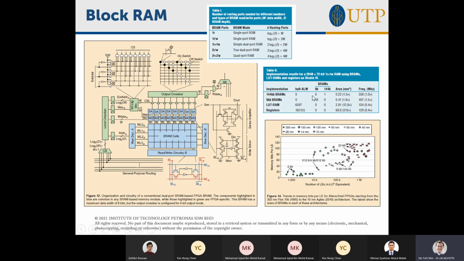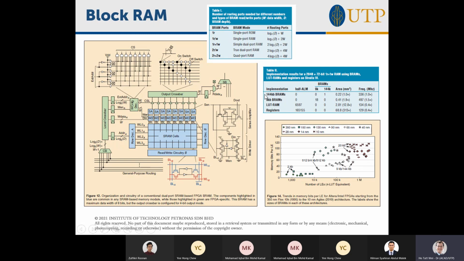And here is again a comparison. If you were to just use flip-flops to implement a 2048 times 72-bit RAM, you use this many, and you take an area of 68 millimeters squared with only 129 megahertz of frequency.